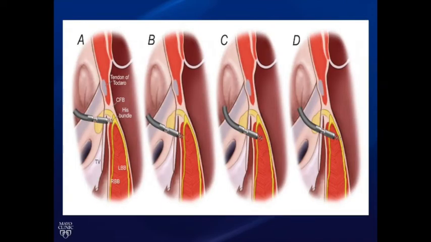Here, the only difference is there's inversion of the bundle branches, and unlike with conduction system pacing where we target the left bundle across the septum, which is a little easier to do because it's a wider bundle, here it's a narrower landing field that you'll have to do some mapping, screwing in the electrode to get to the right bundle for resynchronization of the systemic ventricle.